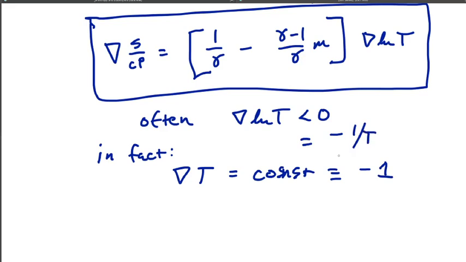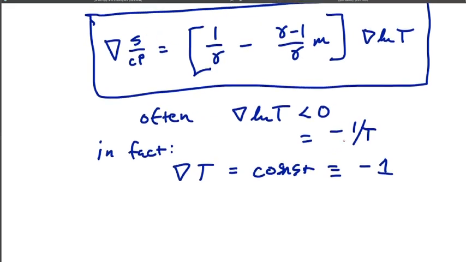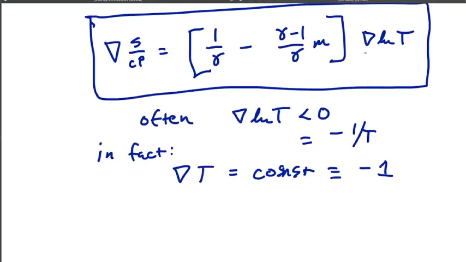So it falls as you go out. You might say, well, then it's obvious that grad S is going to be negative. But we have this prefactor here, and we need to determine how big m is to have any idea of how big this prefactor is. And as I'm going to show you, it can actually switch sign.